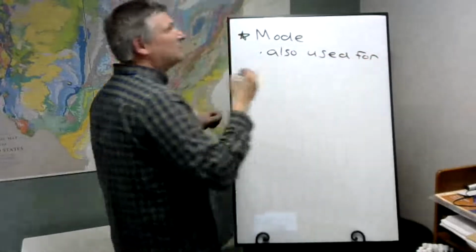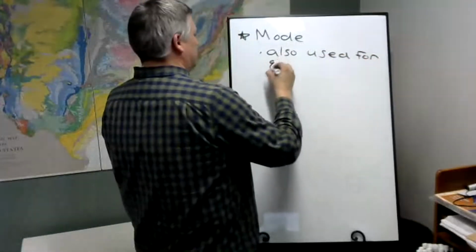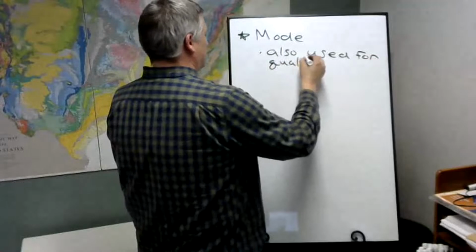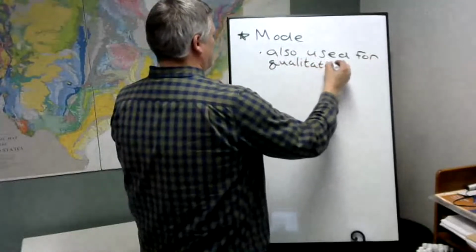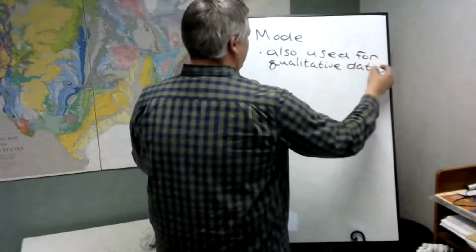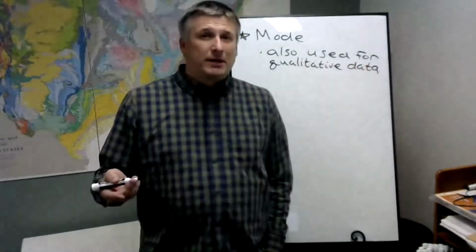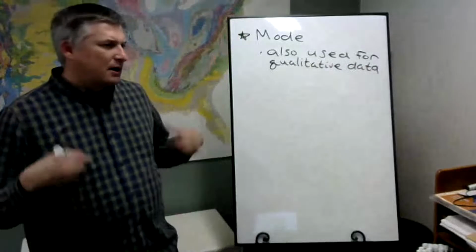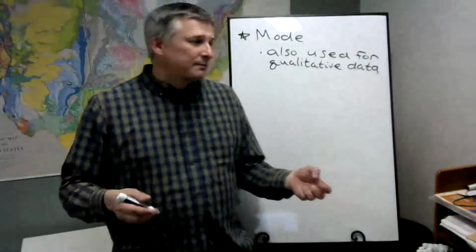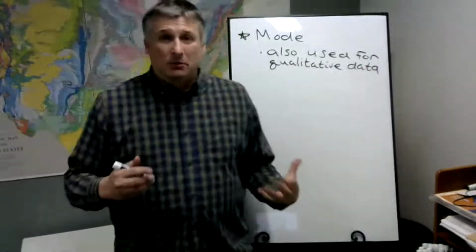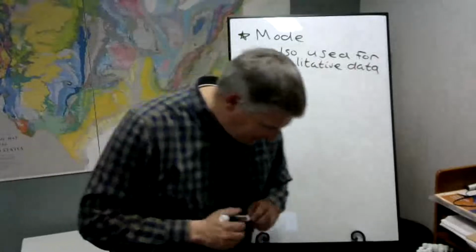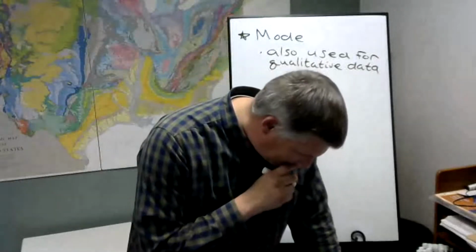And this will come up. For example, what's the most common grade on a quiz? What's the most common paint job for a car? These are all modes that we're talking about.